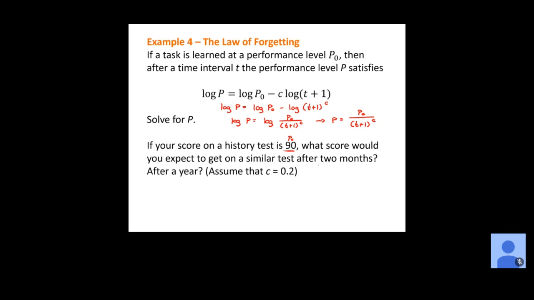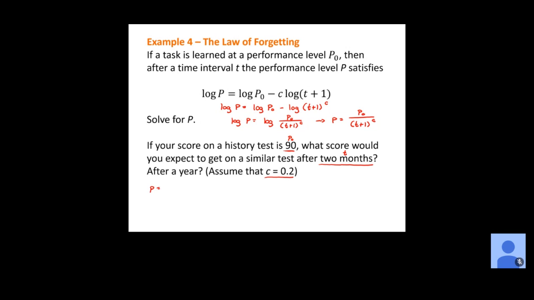We're going to wait 2 months now. That's going to be our time, our T value. And they give us the C value here as 0.2. So all we want to do is substitute 90 for P sub 0, 2 for T, and 0.2 for C, and then solve for P, and that would tell us what we would expect to get on that test after 2 months.